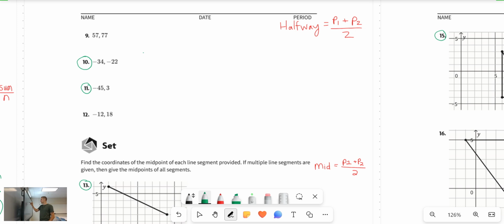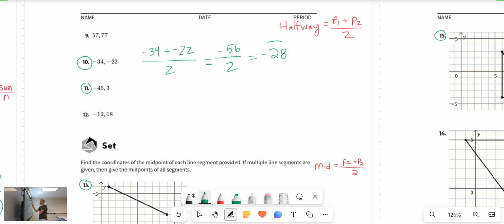So negative 34 plus negative 22 divided by 2. Well, negative 34 plus negative 22 is negative 56. Negative 56 divided by 2 is negative 28.